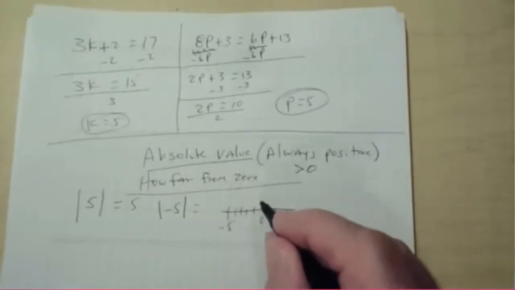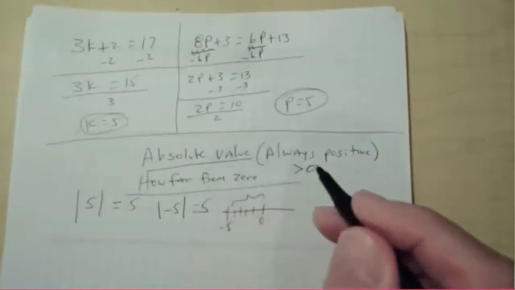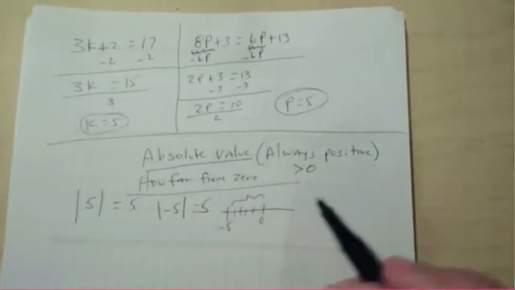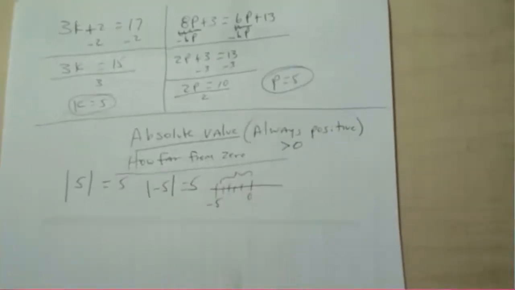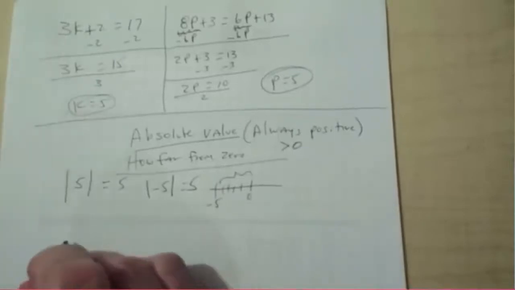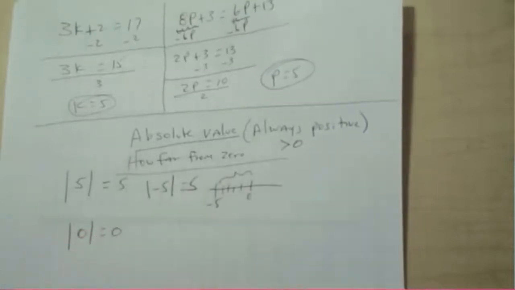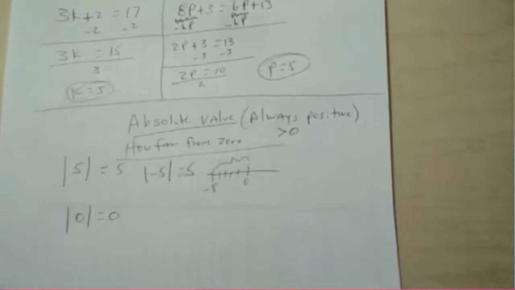Negative 5. How far is this? 5. Okay, always positive. There's always an exception, it seems like. How about the absolute value of 0 is 0? That one's neither positive nor negative.